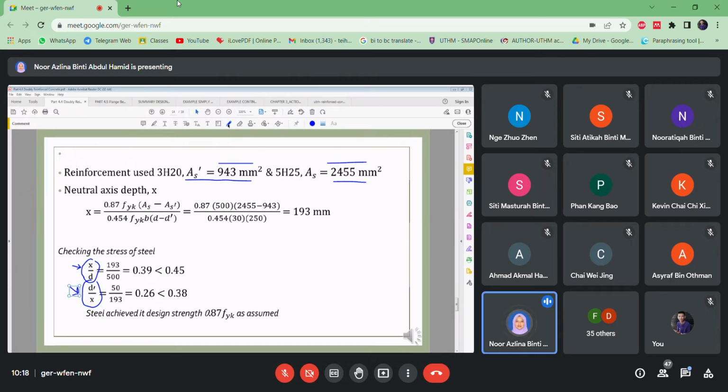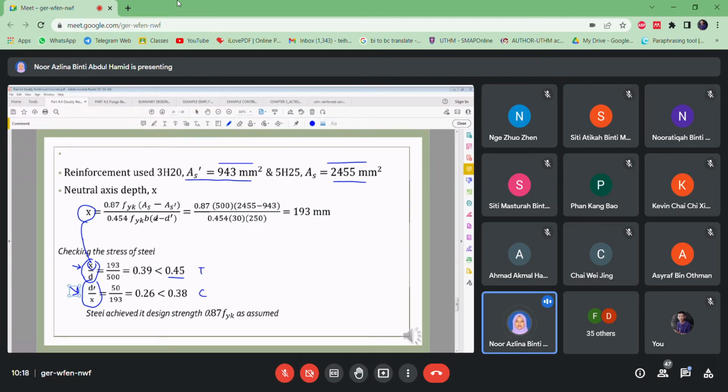Okay. This is checking. Number one, x divided by d, compare with 0.45, checking for tension reinforcement. D prime divided by x, checking for compression reinforcement. So dalam checking ada x. So that means you need to find out what's the x value, which is the neutral axis depth, right?